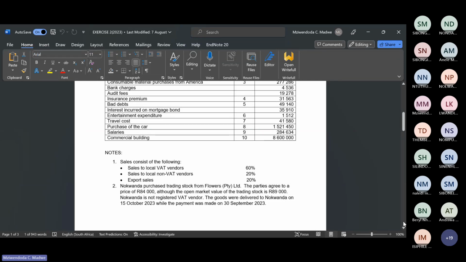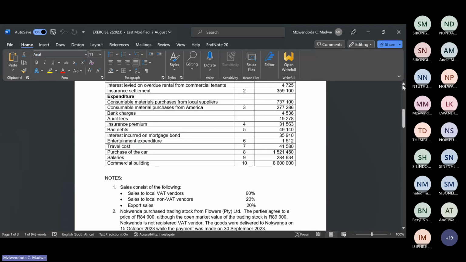Everyone who comes into your shop buying an item which is standard rated, you are going to levy VAT, regardless of whether he is a VAT vendor or not. So the first two, 60% and 20%, are standard rated. But the last one, which is an export, is zero rated.